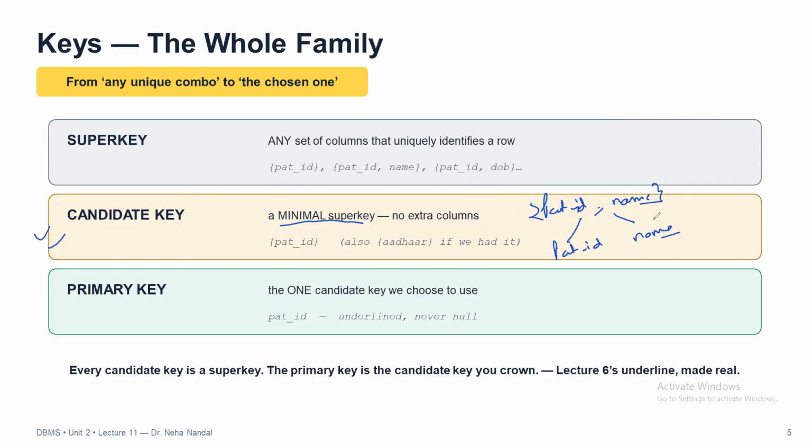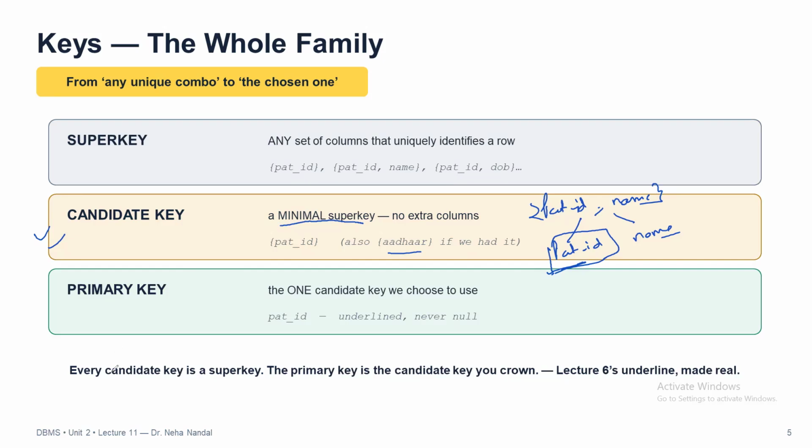Okay. That's a candidate key. So your patient ID will be a candidate key because it uniquely identifies. In the same way, if you have the Aadhaar number of a patient, that can also uniquely identify. So both can identify a patient.